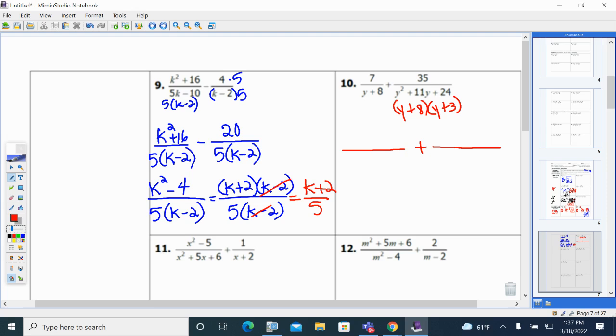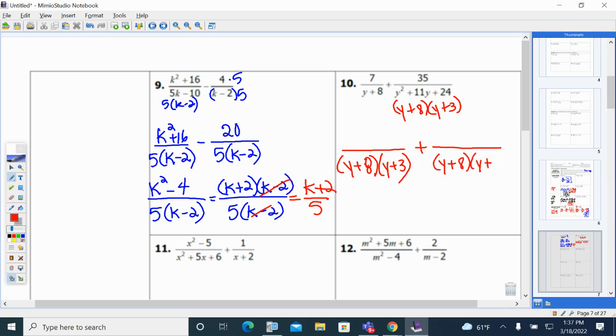So I've got a y plus 8 in the first one, a y plus 8, and a y plus 3 in the second one. So I know I have to have a y plus 8, and I have to have a y plus 3. Now I don't need two y plus 8s because in each fraction there's only one. So I only need one.